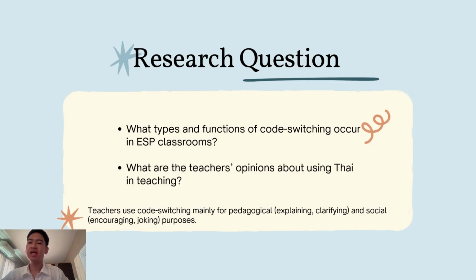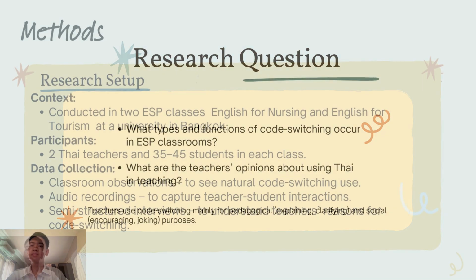First, what types and functions of code switching do teachers use in the ESP classroom, and second, what are teacher opinions about using Thai in their teaching. The research does not explicitly mention the hypothesis, but we assume that teachers use code switching for pedagogical functions such as explaining and clarifying, and social functions such as encouraging and making jokes.